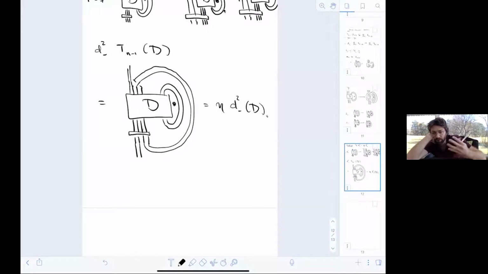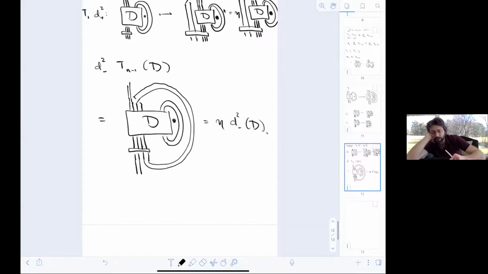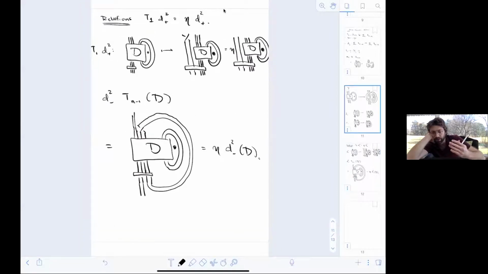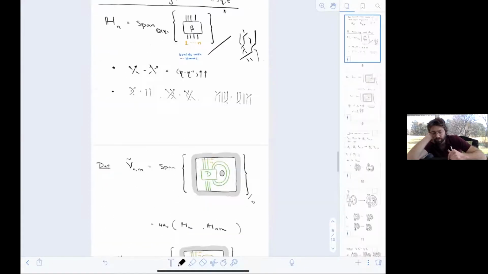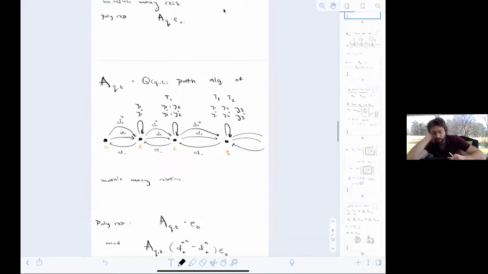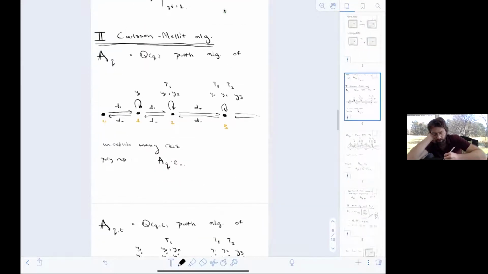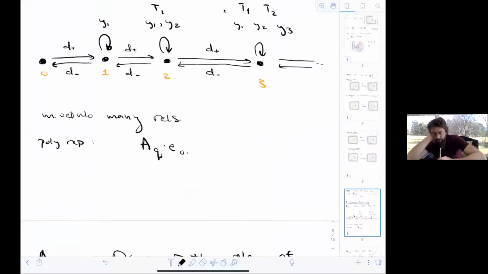Obviously, this vector space that we defined was tailor-made to recover what Carlsson-Mellit do. I guess I didn't write this, but the polynomial representations of these algebras, the size of these things, so you take your ring of functions, which is now rational functions in some parameter.